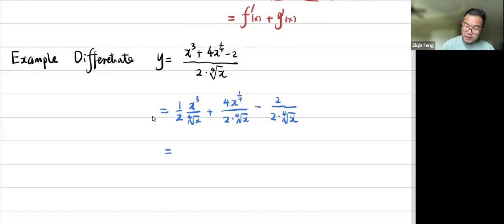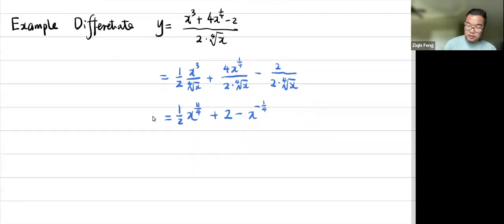The first one you can combine as 1 over 2 x to the 3 minus 1/4, because the fourth root is x to the 1 over 4, right? So you get 11 over 4. And plus the second term, just a number, because the x functions will cancel. And the last one is x to the negative 1 over 4. Now you can see that we get a sum or difference of power functions, so we can apply the rules.